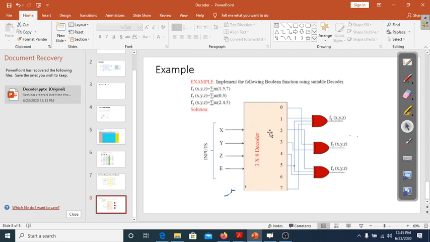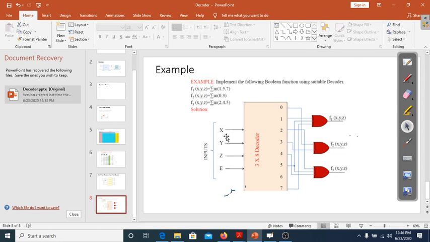This is the decoder. This decoder has 3 inputs and 8 outputs from 0 to 7. This E is the selection line, but here you are not using the selection line.